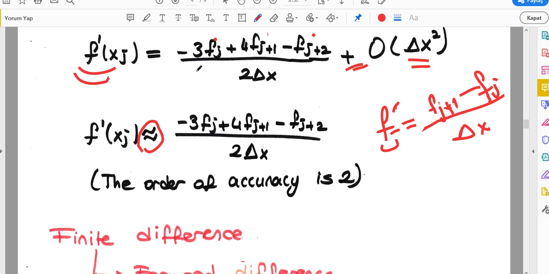What is the problem? Because you are using just the first order derivative, you will use here 3 points. These three points will give you extra calculation, of course, by using the unknown parameters maybe. So this is the problem.